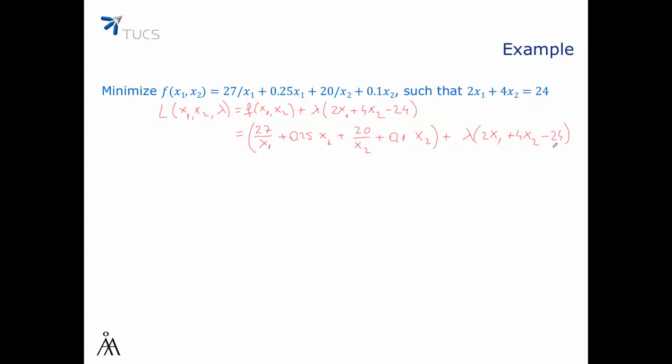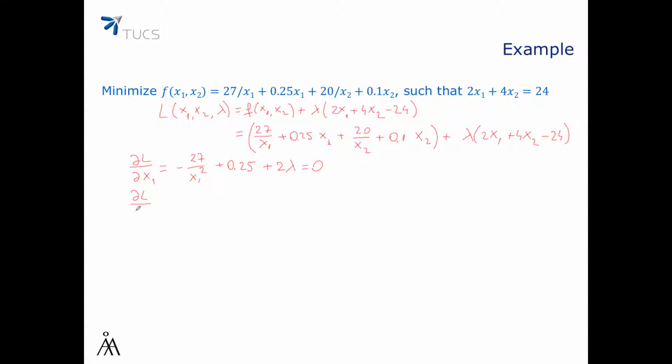To minimize L, we can calculate the partial derivatives of L with respect to each of x1, x2, and lambda. So we are going to get a system of equations like this. The partial derivative of L with respect to x1 is minus 27 over x1 squared plus 0.25 plus 2 lambda, and we set this to 0.